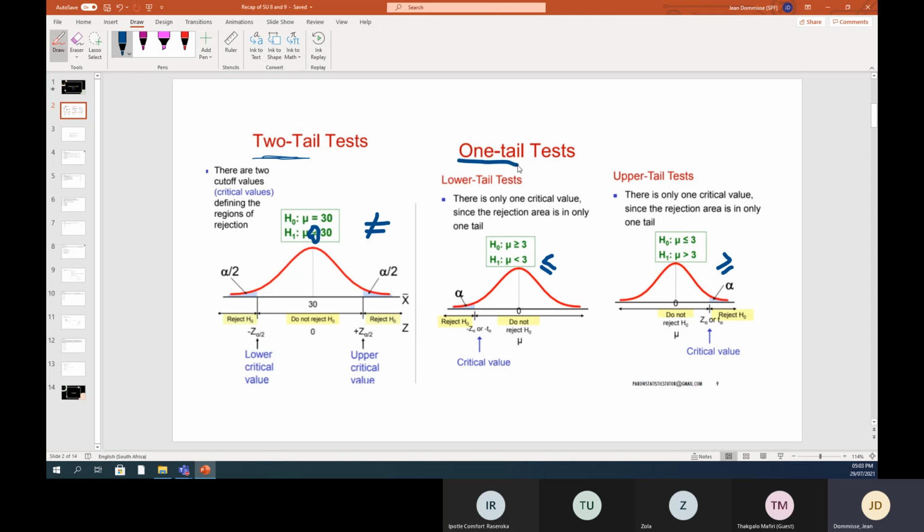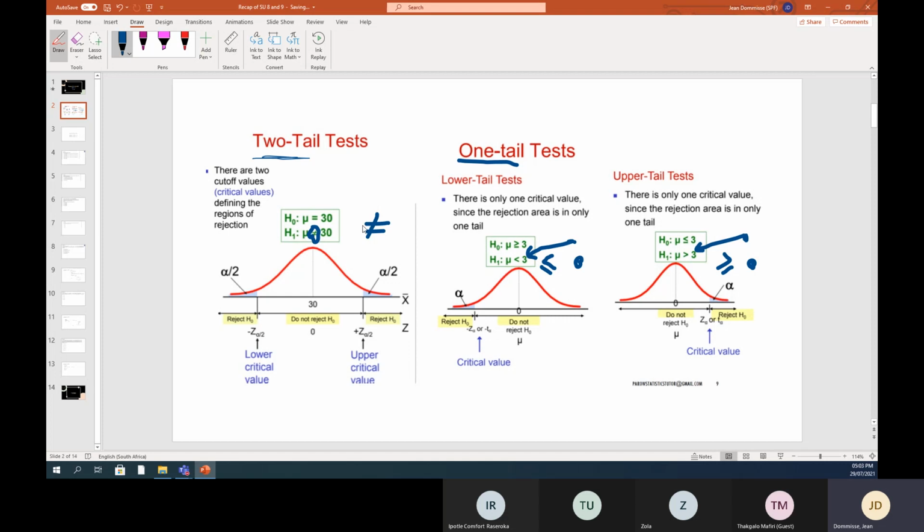So for one tail, there is basically four possibilities, looking at just the bigger one and just the smaller. So you have four possibilities for one tail, only one possibility for two tail, and that is the not equal to.